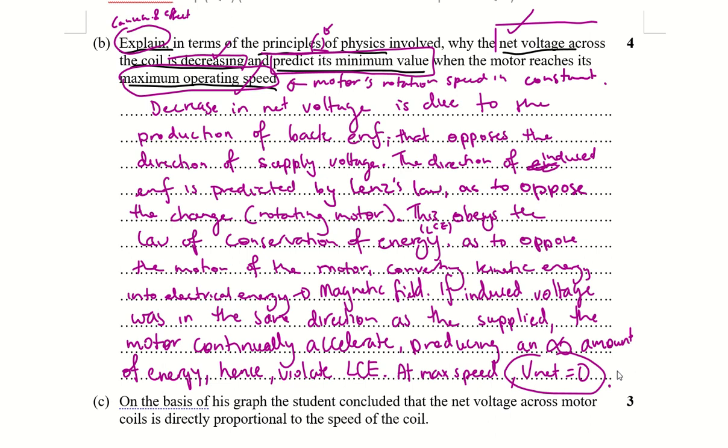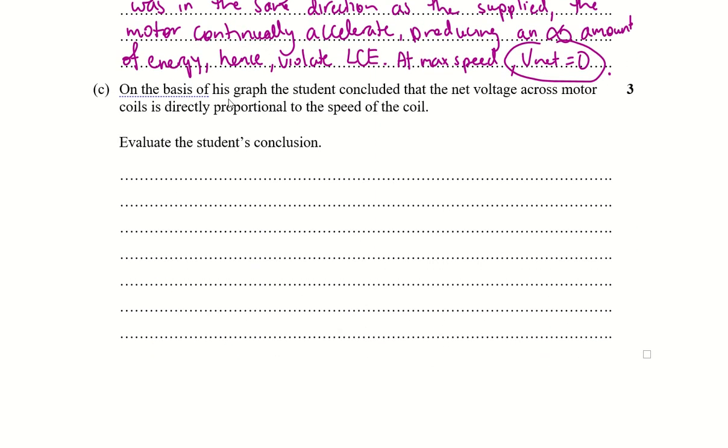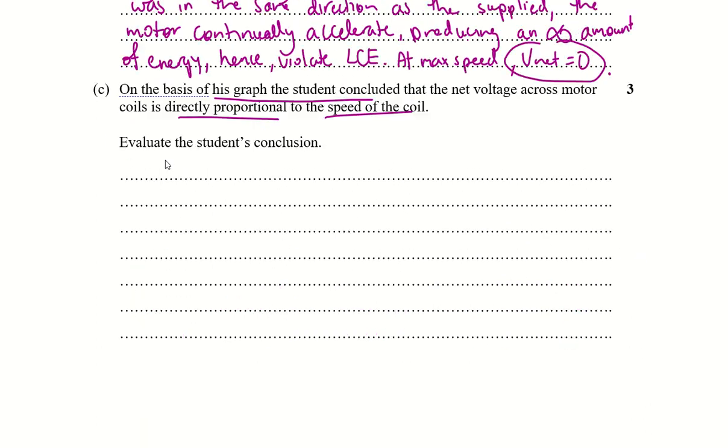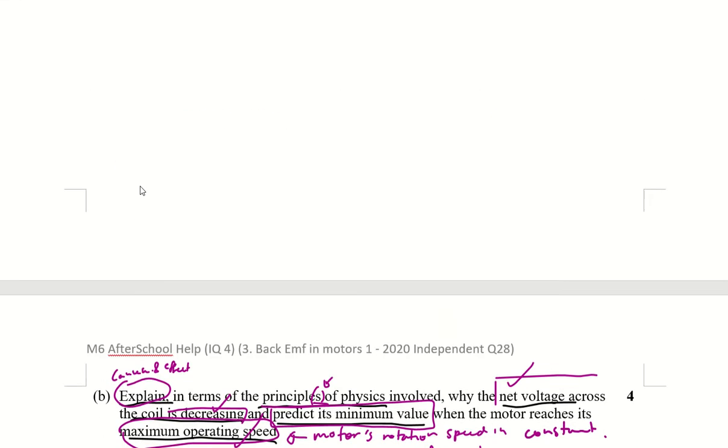Moving on to question B. So on the basis of his graph, the student concluded that the net voltage across the motor is directly proportional to the speed of the coil. Okay, so this is a conclusion by the student based on the graph. Evaluate, and the question asks to evaluate the student's conclusion. Okay, let's have a look.